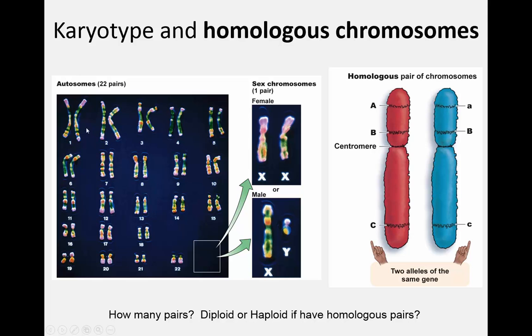But if you had a cell that just had one member of each pair, so let me grab my laser pointer here. Let's say it just had this right chromosome of the first pair, and this left chromosome of the second pair, and this left one of the third pair, so only one of each pair, then that cell would be called haploid.